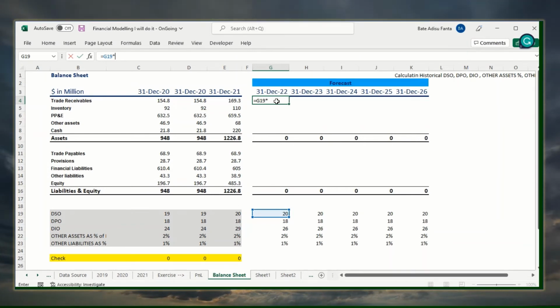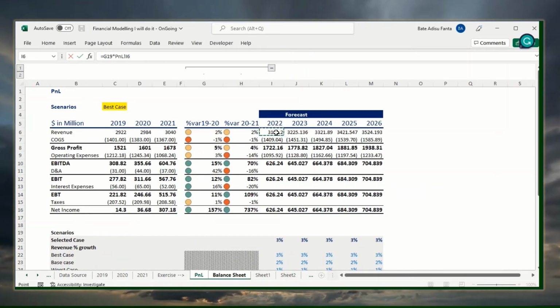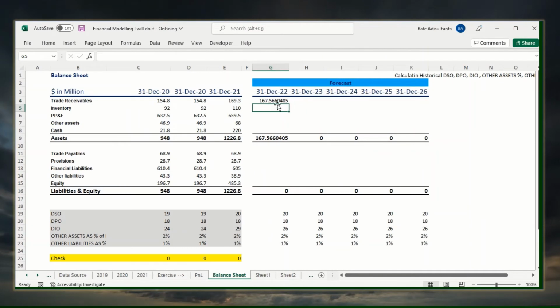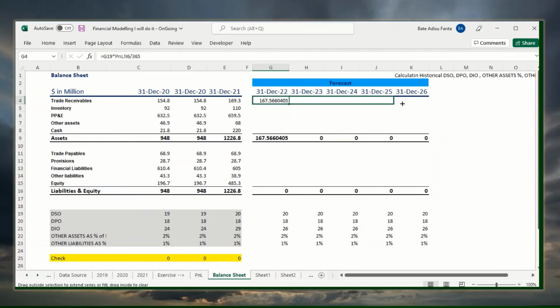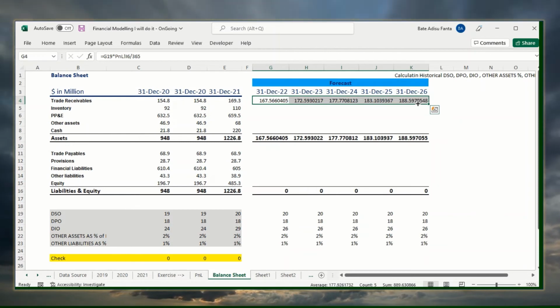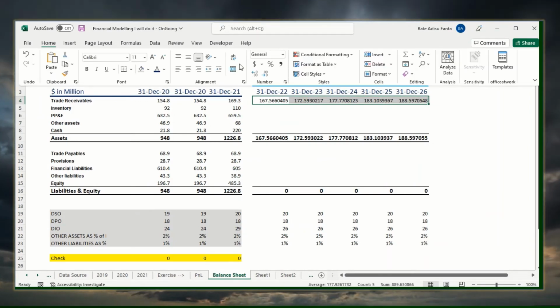I get this revenue from PnL statement, which is here, and it is this one. And then I divide this by 365. That's it. So I can simply drag this to the other years, and we have so many decimal digits here.